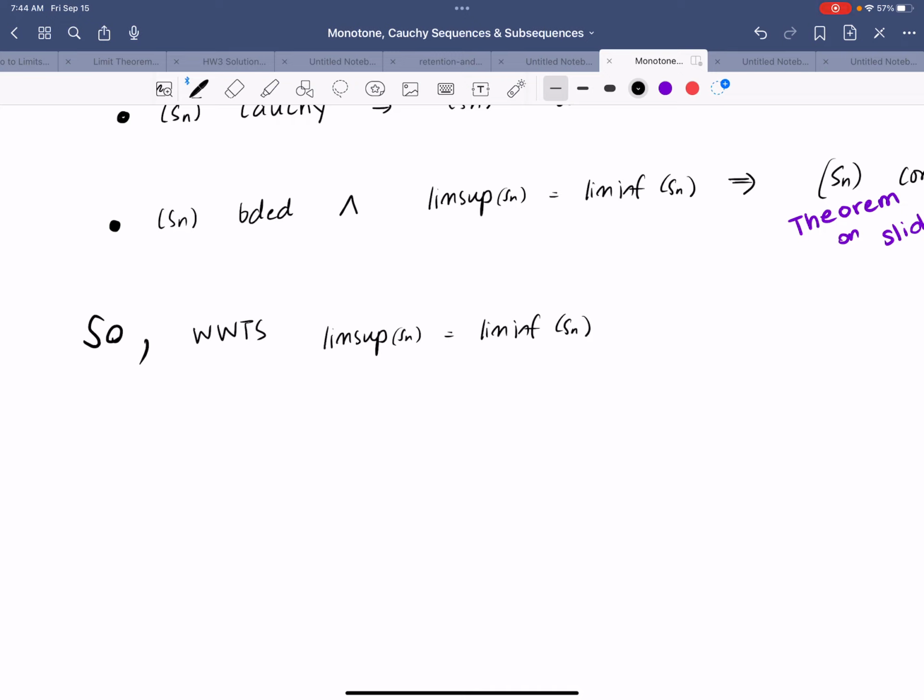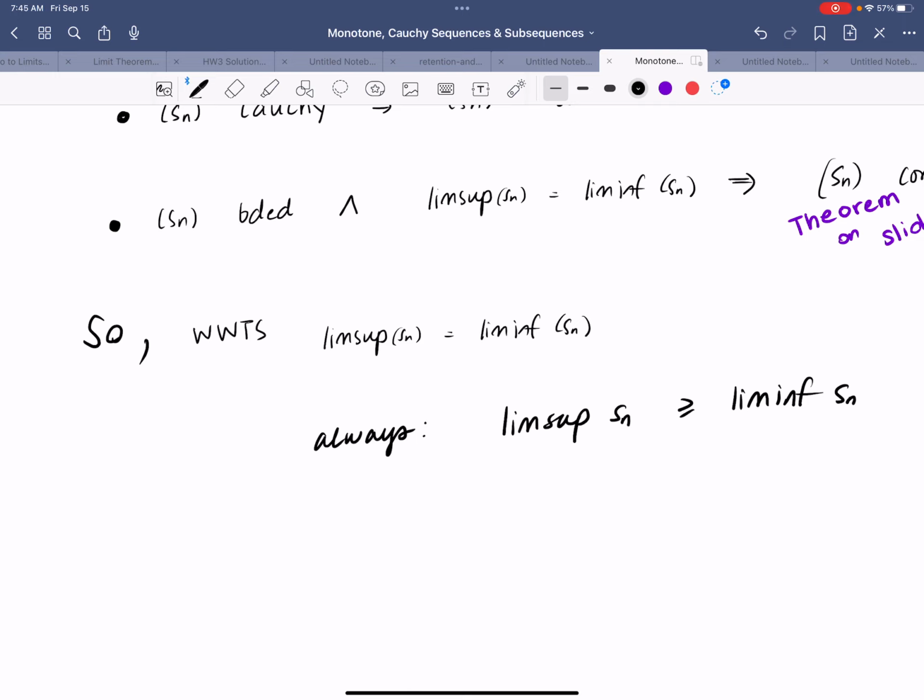Let's see here. So first, lim sup of Sn is always, and I think you don't really need the parentheses, so always lim sup of Sn is bigger than or equal to lim inf of Sn, because your sups are always bigger than or equal to your infs when you're talking about the same set.